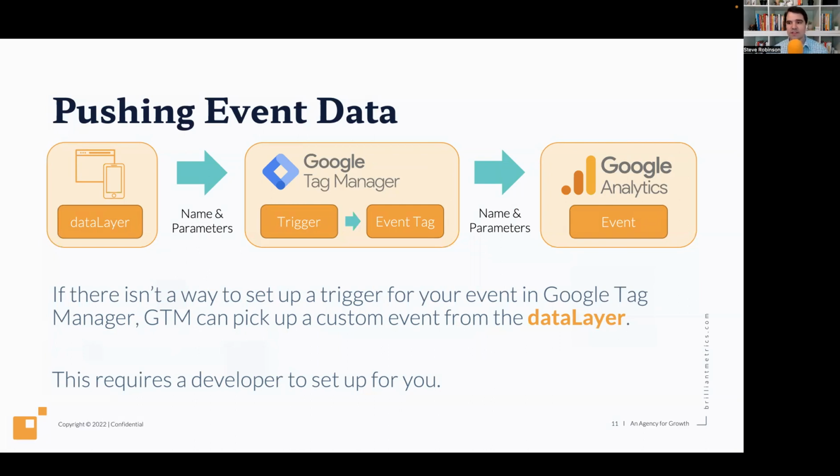So if this is something you need to do, then you're going to have to work with your web developer to get that information from the website into Tag Manager, and then from Tag Manager into Google Analytics. But once it's available in Tag Manager, then it's at the point that a marketer can go and move it around with just a little bit of training in how Tag Manager works.